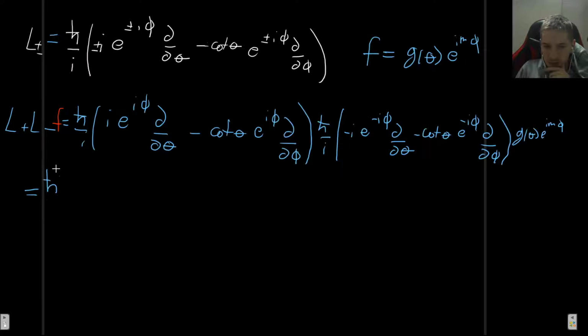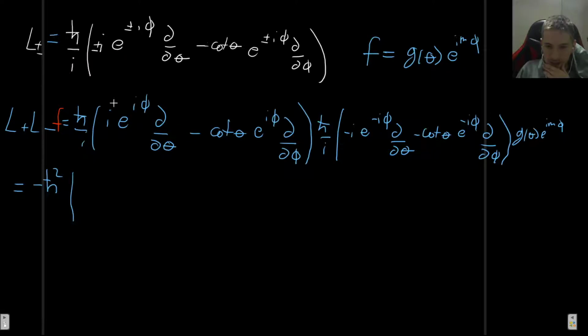Let's put the h bars together, and also we're going to have i squared, which is minus 1, so we get minus h bar squared here. Now I'm afraid there's not too much more to simplify. We just need to go ahead and multiply through. Make sure to be very careful here. We don't want to be making some unnecessary mistakes.